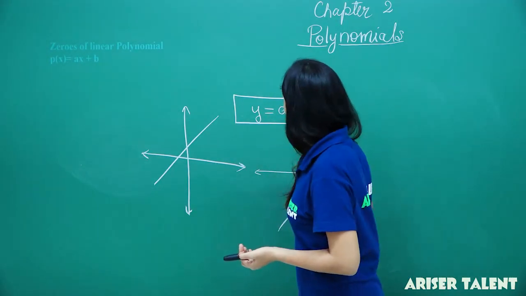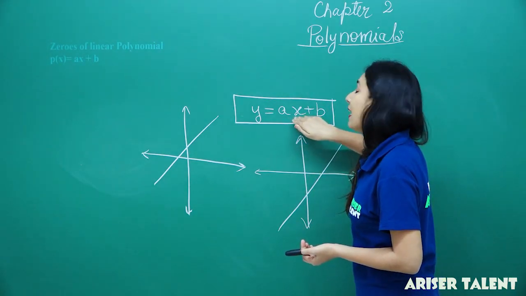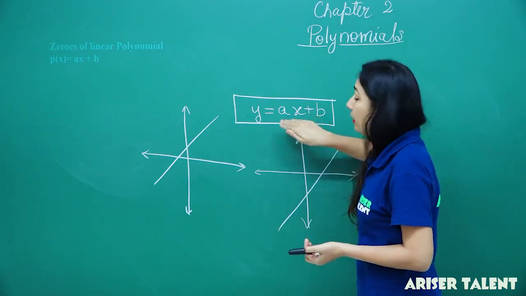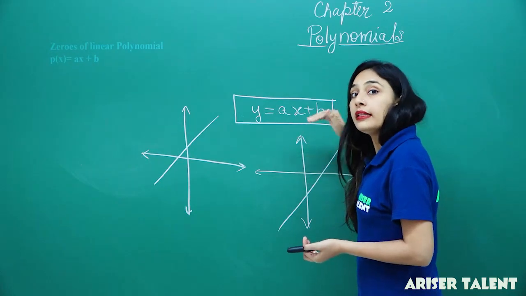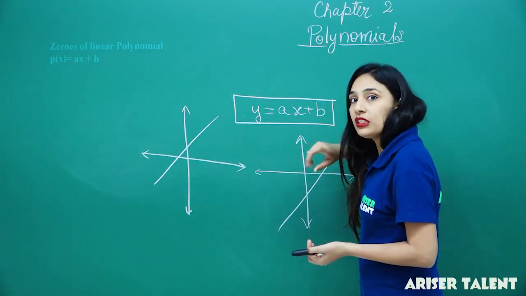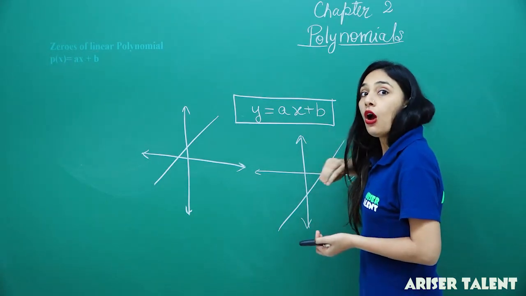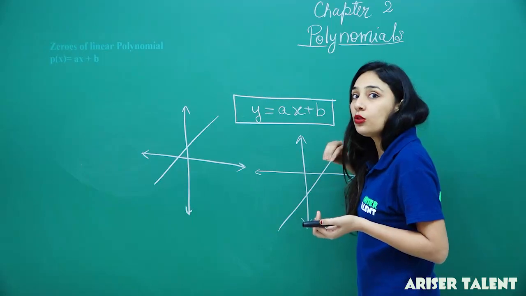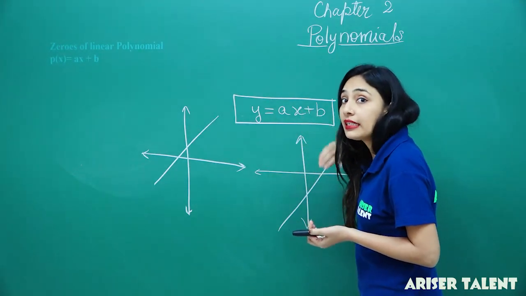Because what happens, we put various values of x and we get various values of y, right? And then we put these values of x and y on the graph, and we definitely know how to put values of x and y in our graph.